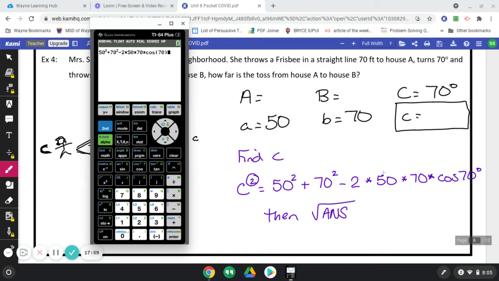Calculator automatically opens a parenthesis with my 70 degrees, so I close it. And remember, this is going to get us our answer for C squared, so we'll need to square root it at the end. Square root button, you hit second or shift. And then the answer to copy paste, second answer. So it's going to take the square root of that 5,000 number. And it doesn't ask us about how to round it, so you can call that 71. You could call it 70.8. Up to you. I'll call it 70.8 feet.